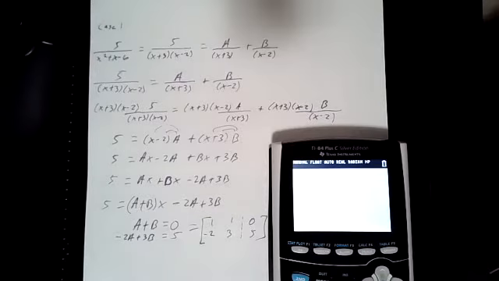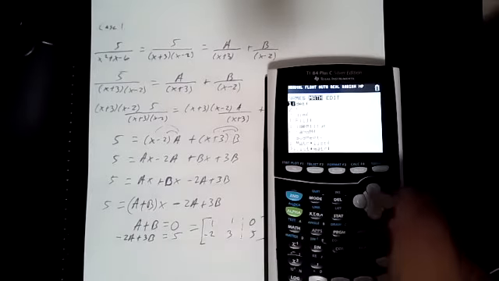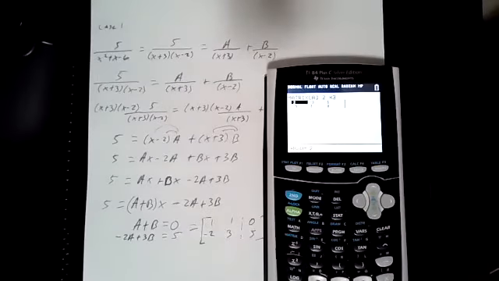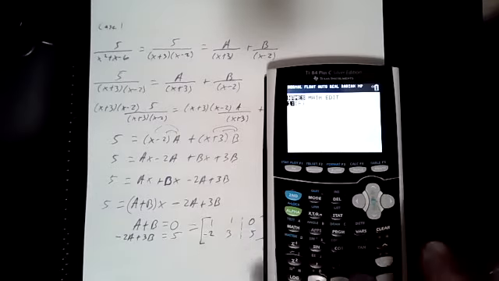All right. So go to the matrix menu, second x inverse. Then go to edit, and I'm going to edit the first one. This is a 2 rows by 3 columns, so 2 by 3, 1, 1, 0, negative 2, 3, 5. Quit. So now it's saved. Go back into the matrix menu.